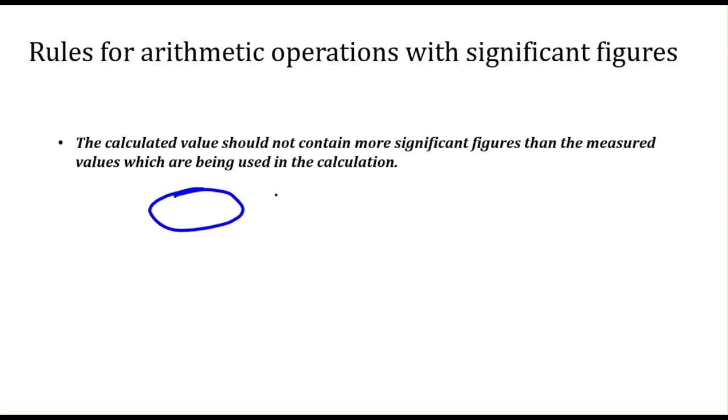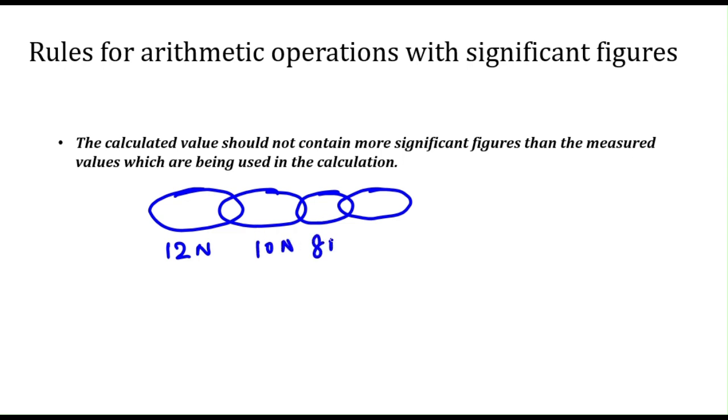Let's say we have a chain of four links, and the strength of these links means the tension they can tolerate. We can say this link has strength of 12 Newton, this link has, let's say, 10 Newton, this link has 8 Newton, and again this has 10 Newton.